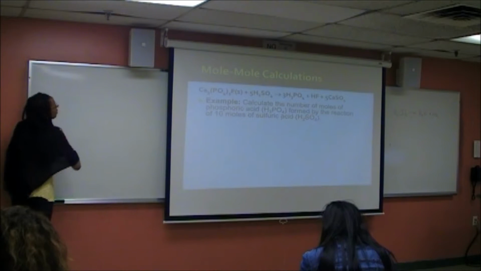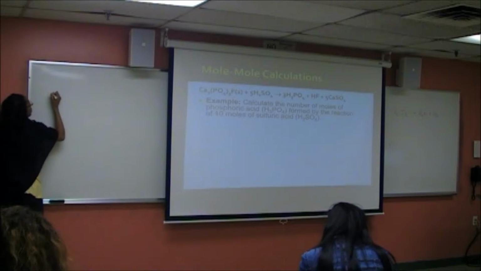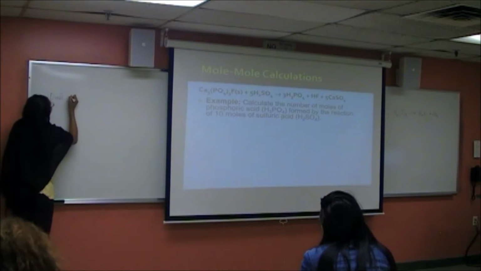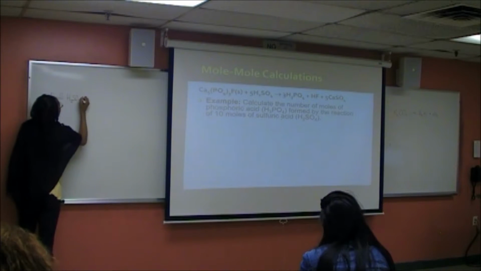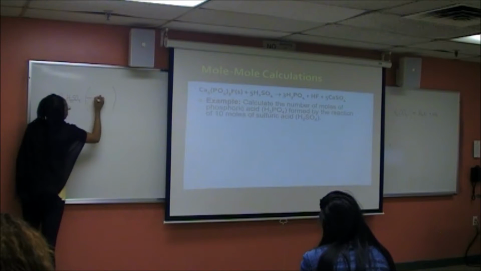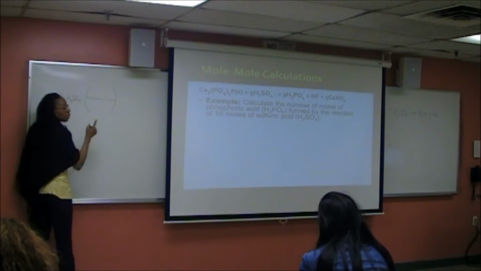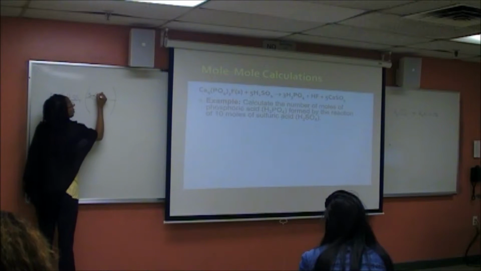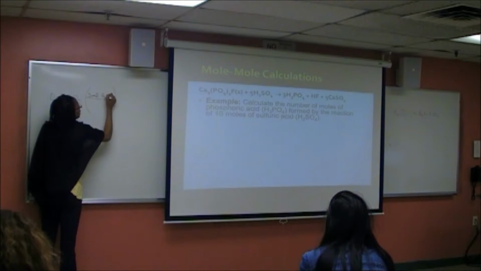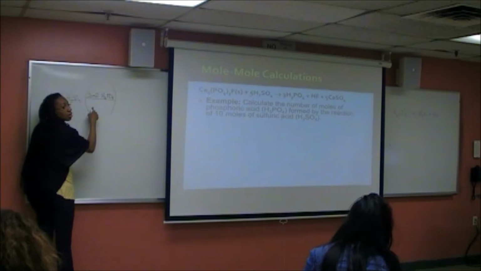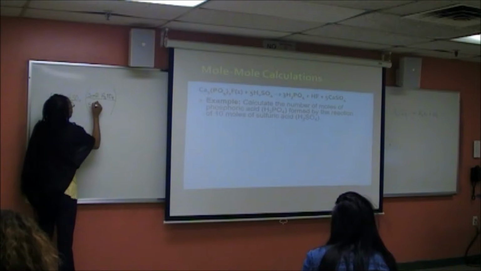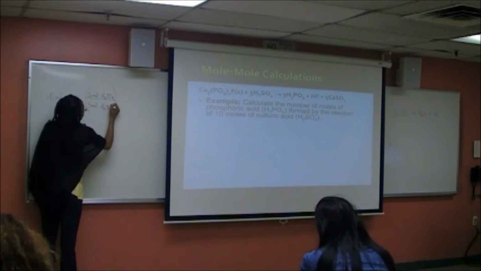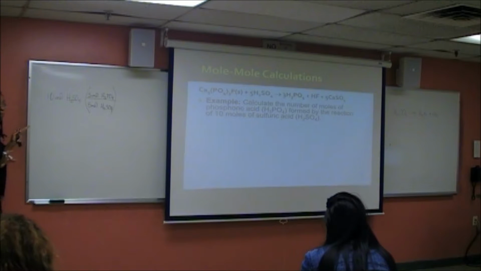So we have 10 moles of sulfuric acid, brackets. Top goes what again? 3 moles phosphoric acid, over 5 moles of sulfuric acid. What do we do next?